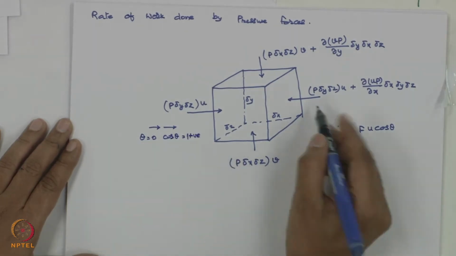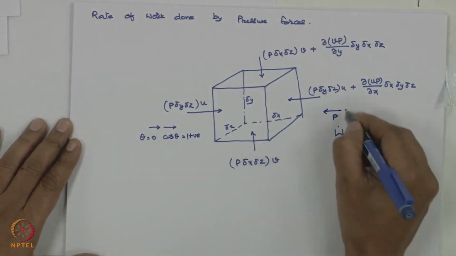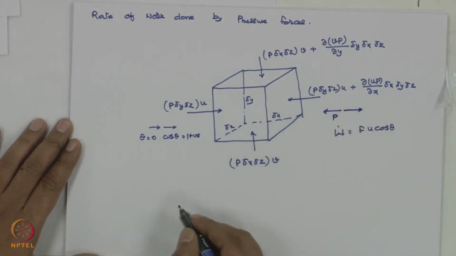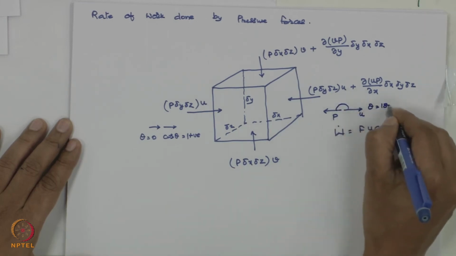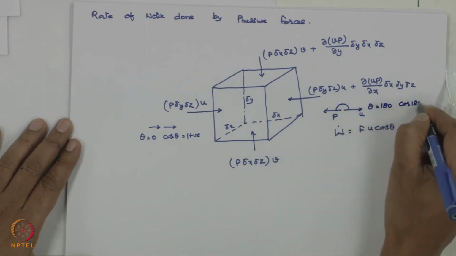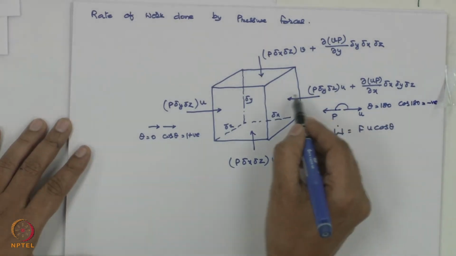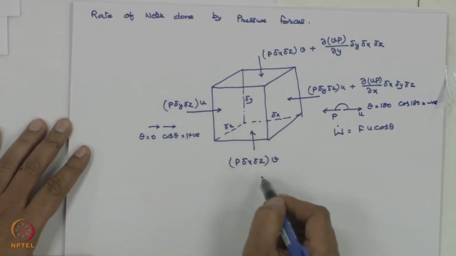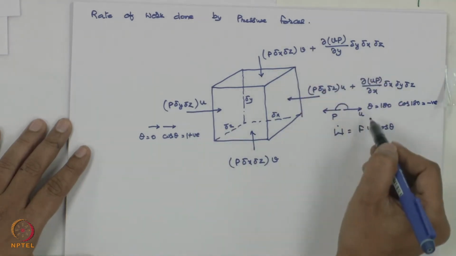Now here you see pressure is acting inward, but the velocity is acting outward, correct? So your angle theta is 180, so cos 180 would be negative. That's why you have these terms positive and these terms negative.